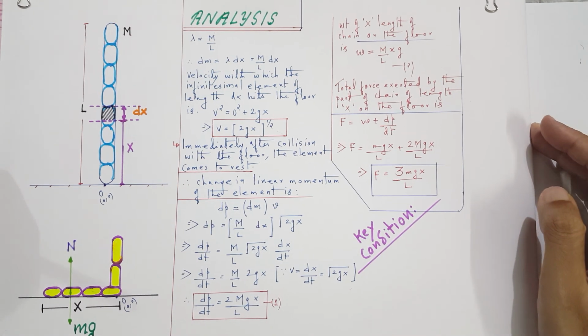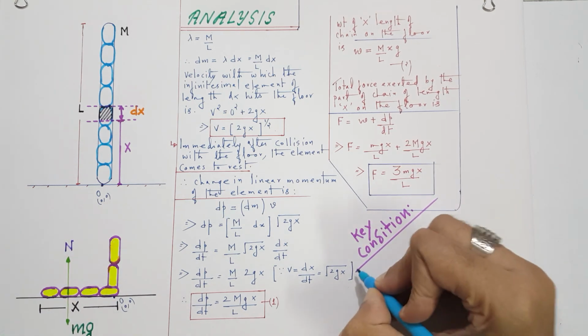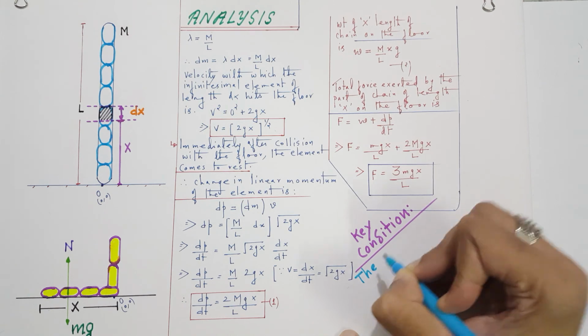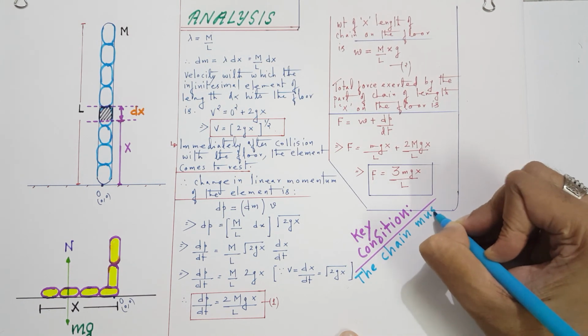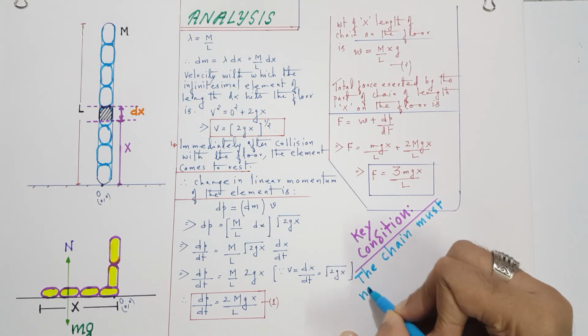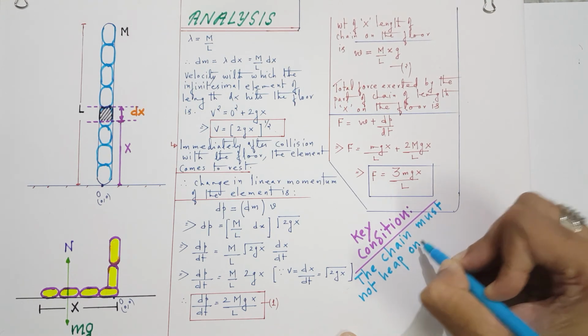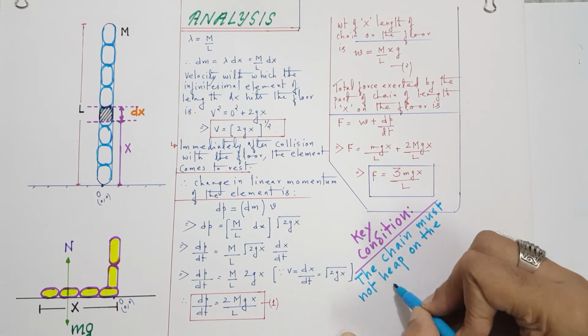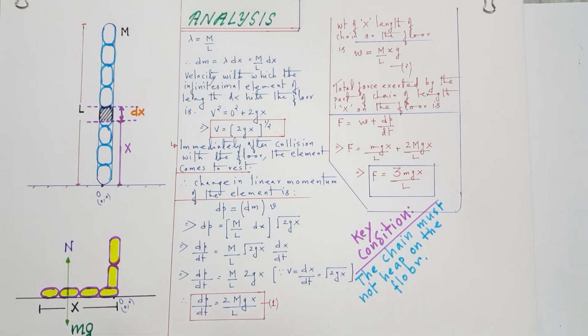So what is the key condition in this problem? The key condition is the chain must not heap on the floor. That is the very important condition in this particular problem. So this is our assumption.